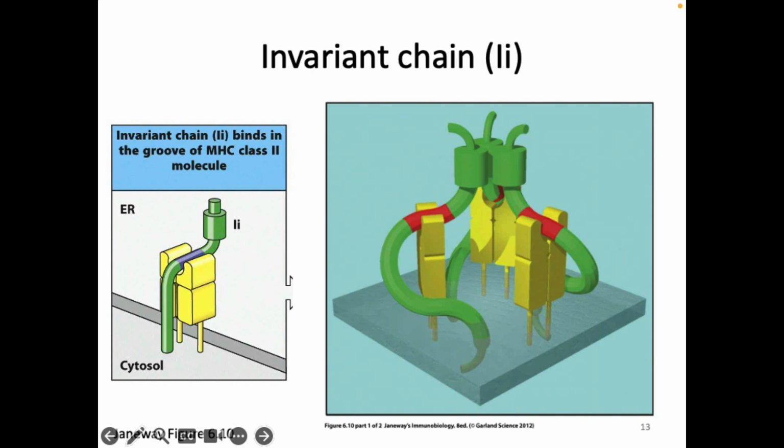So invariant chain or CLIP, and sometimes people just talk specifically about CLIP here, is really key for delivering that MHC to the peptides so that binding can happen.